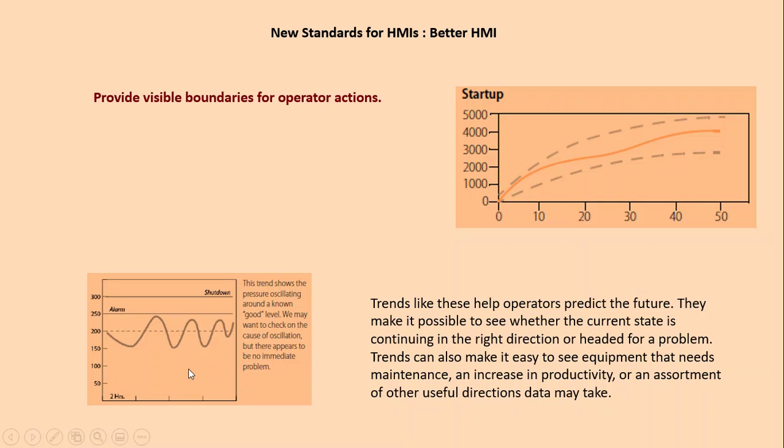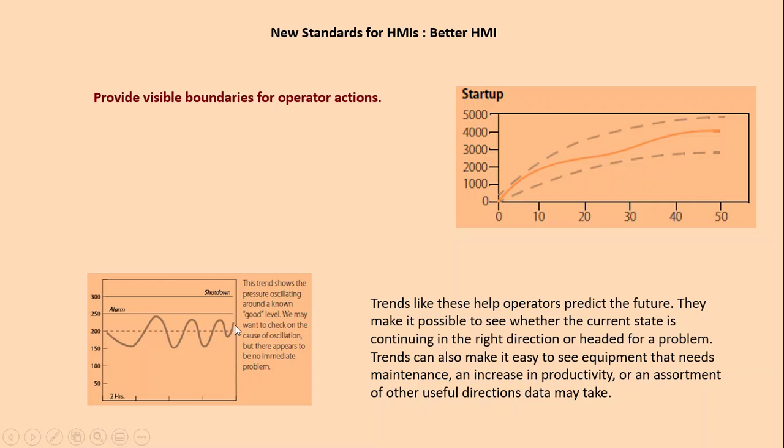On the left trend, you can see a trend going up and down of a pressure variable. From this trend, the operator can gauge whether it is dangerous or make any decision based on these trends. So you see it is going up and down, and it is continuing in that fashion.